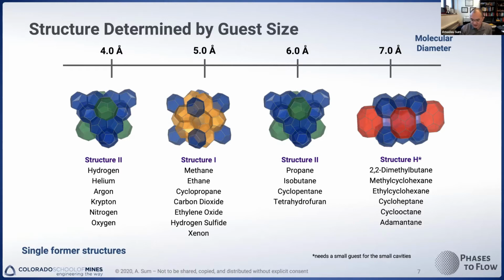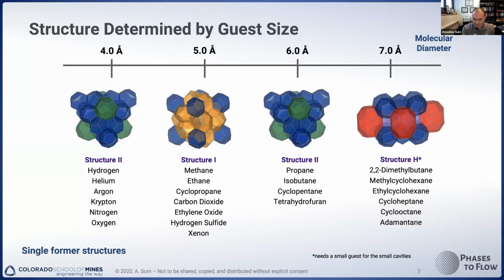And just to emphasize again, the gas that's trapped inside of these cages is essentially free. It's not bound to the water, so it is like a prison, and that's the name of clathrate, derived from the Latin.